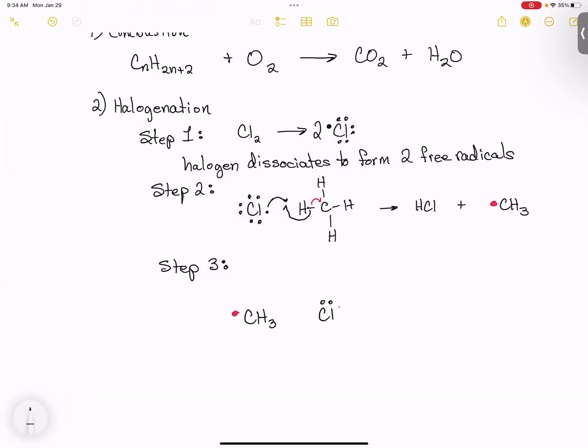There's a multitude of possibilities. It could take another chlorine molecule. Let me rewrite that. And it can go in and it can split up that chlorine molecule to make CH3Cl and another chloride free radical.